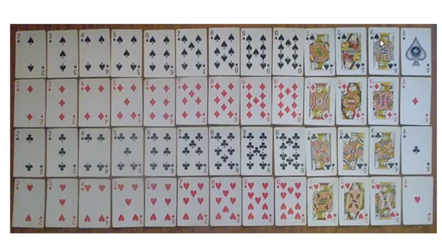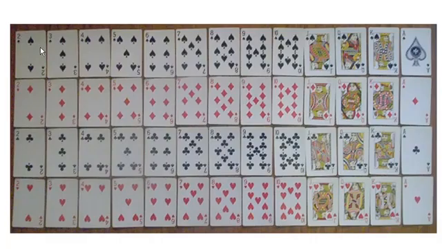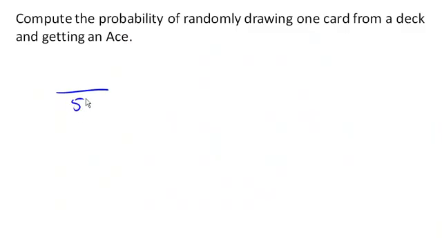So the question was, compute the probability of randomly drawing one card from a deck and getting an ace. Well, again, we would need to say how many ways can that event occur out of all the possibilities. There are 13 different cards for each of 4 suits, so there are 52 possible cards in the deck.